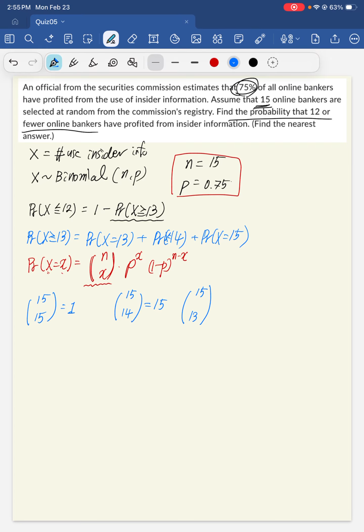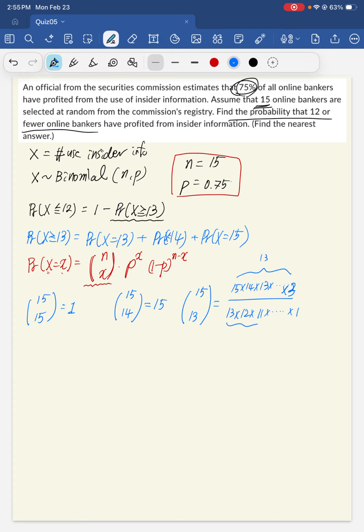And this one is more difficult. If you choose 13 out of 15, then you are going to calculate 15 times 14 times 13 and so on. You have to multiply 13 consecutive numbers in the numerator, and the denominator is 13 times 12 times 11 down to 1. So how do we simplify that?